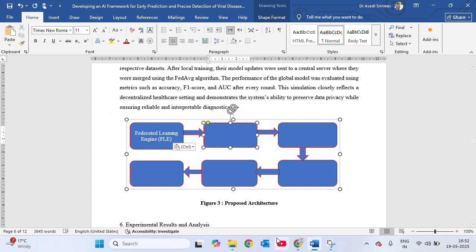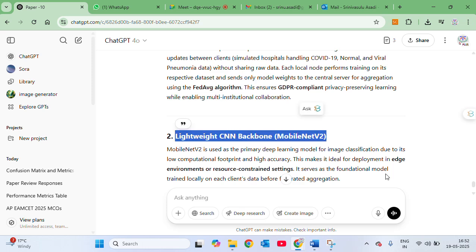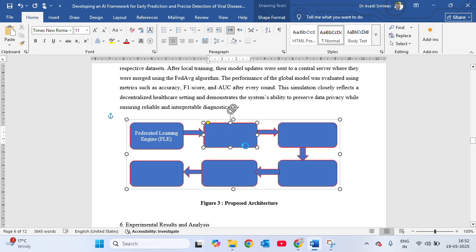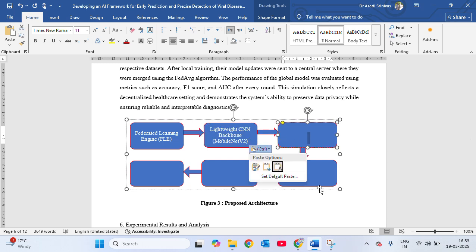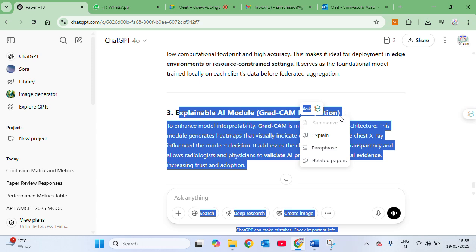Next, second one, lightweight CNN. Next, third one, explainable AI.